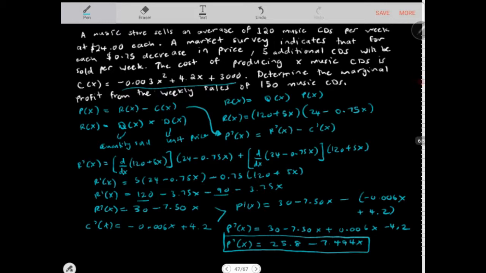What producers will tend to do is produce until their marginal profit reaches 0. If the marginal profit is greater than 0, that means the marginal revenue per unit being sold is greater than the marginal cost, the cost per unit being sold.